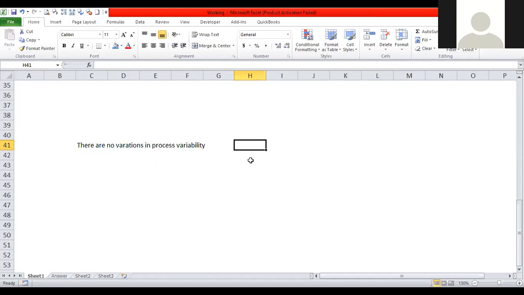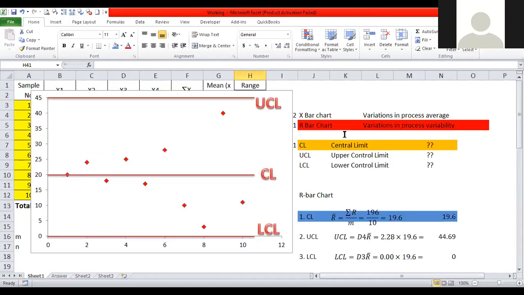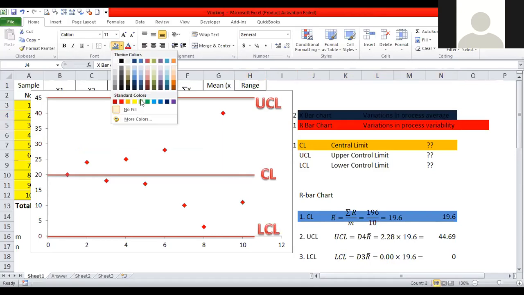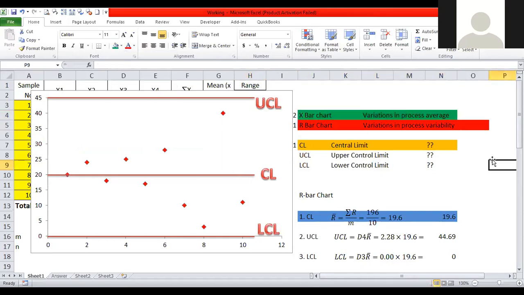So now we have to check what? The second chart, the X bar chart. The R bar chart is okay, so now we are going to check the X bar chart. If the R bar chart is problematic, then the total process is out of control.